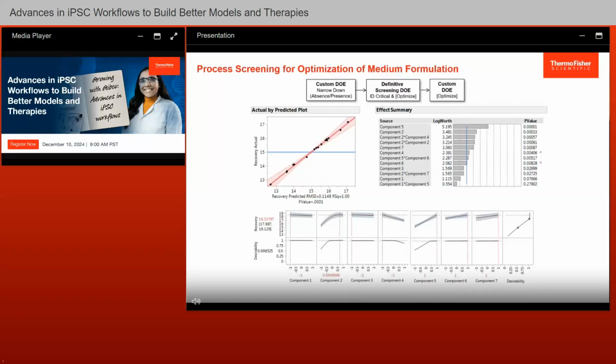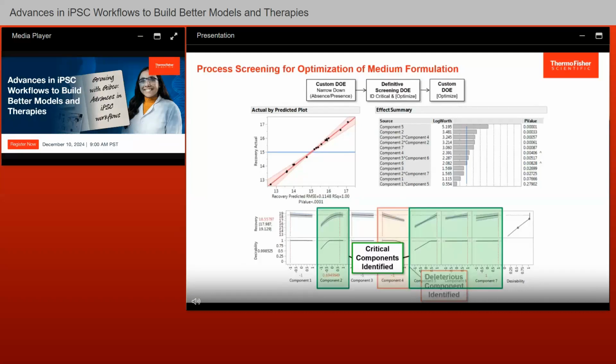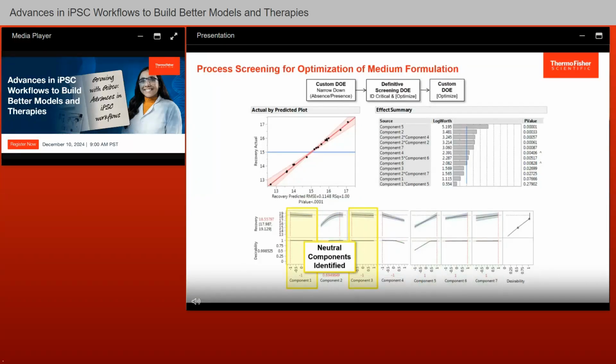What this basically allowed us to do is to identify, one at a time, the deleterious components, the critical components, as well as what we call neutral components in the formulation, essentially allowing us to optimize the formulation of the media to something that would be super supportive for the cells without including anything that's not really essential. But I should mention that equally important for the performance and improvement of these cultures is consistency and manufacturability as well.